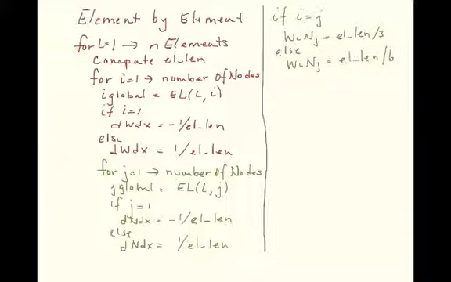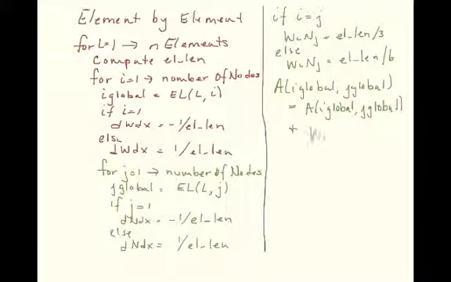And now we compute A of I global, j global equal to A of I global, j global plus wi nj plus alpha delta t theta times dw dx times dn dx times ln.